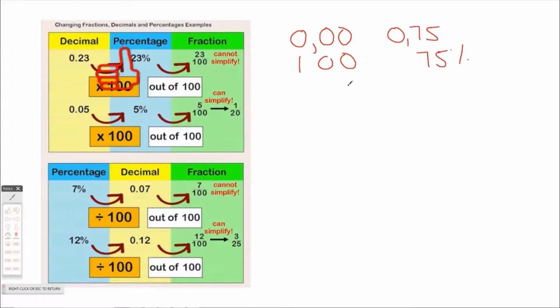If I had 0,02, this would be 2%. If I had 1,23, this would be 123%. So no one should have had too much issue with that.